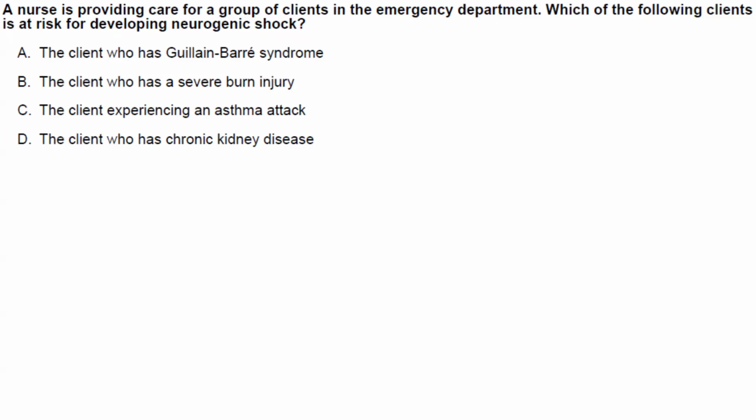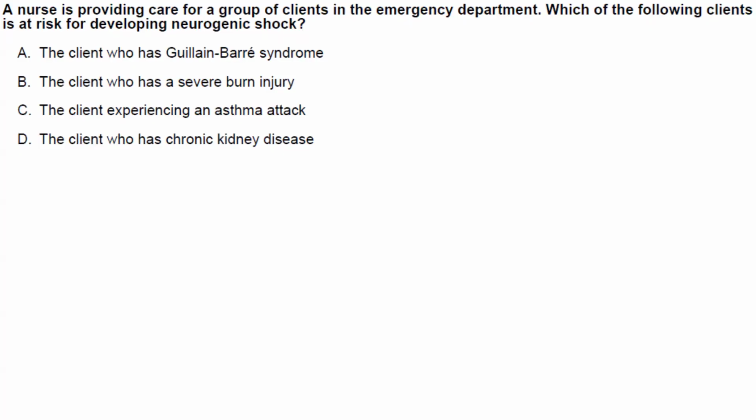Yes, so they are at risk for hypovolemic shock. Patients with asthma attack, the asthma precipitated by an allergic reaction, IgE. So the patient will be at risk for anaphylactic shock. Patient with chronic kidney disease, right? They are at risk for septic shock.